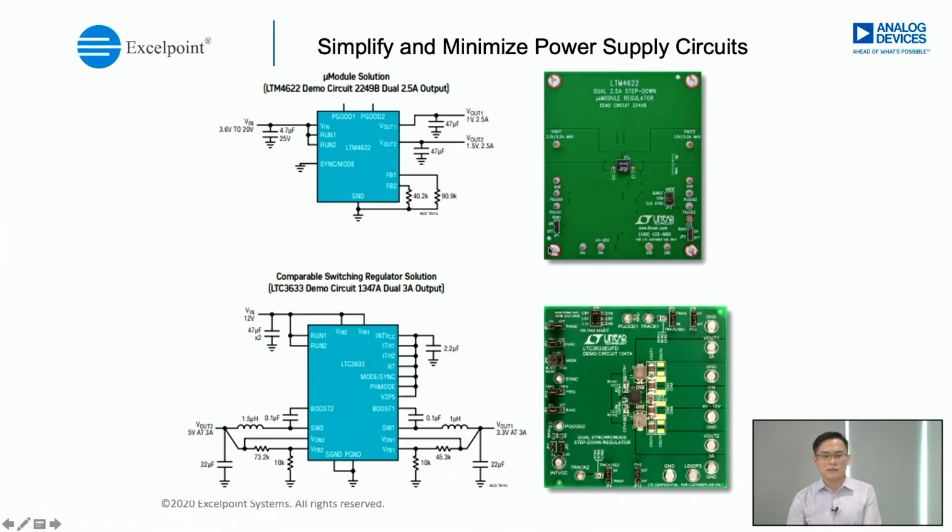But with the technology advancement now, when we are using an LTM4622 µModule solution, there are only about 3 passive components outside, and the area needed is very much smaller and minimum.